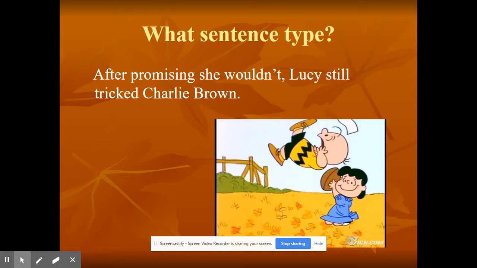This next one says, what sentence type? After promising she wouldn't, Lucy still tricked Charlie Brown. This is an example of a complex sentence. I know that because it starts with a subordinating conjunction, and it has an independent clause in it.